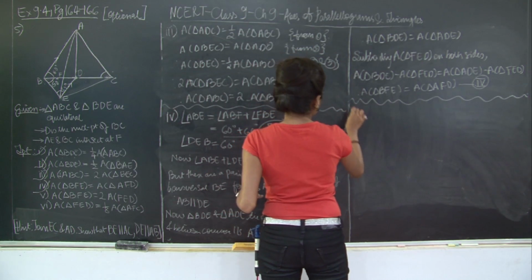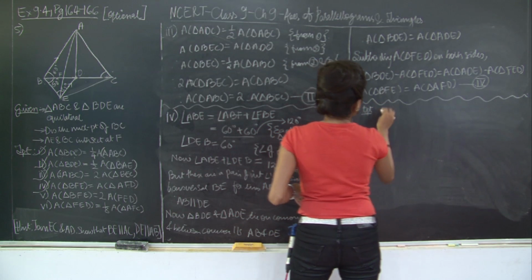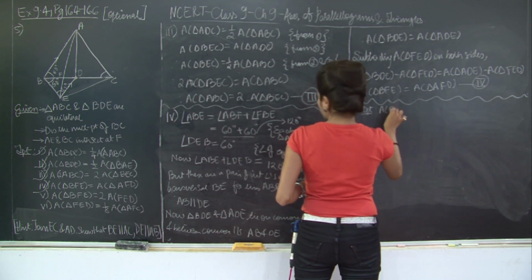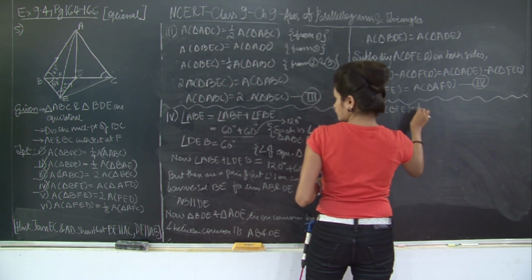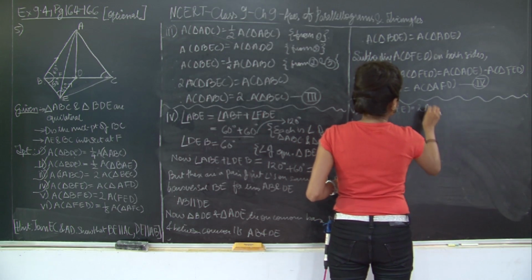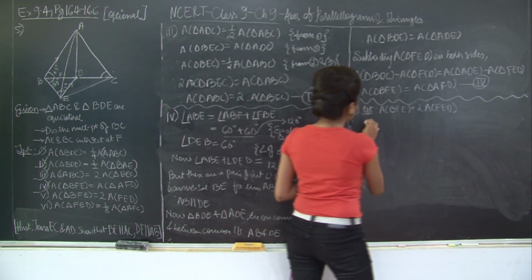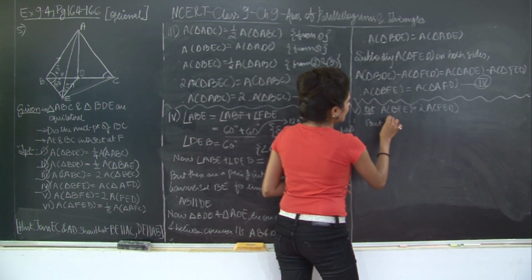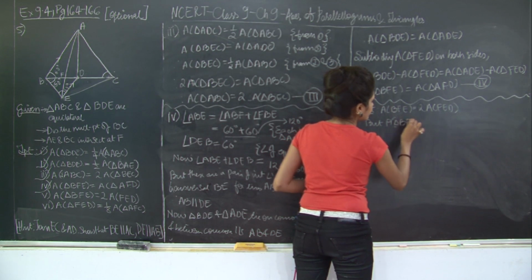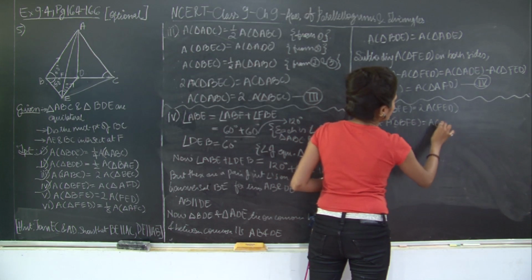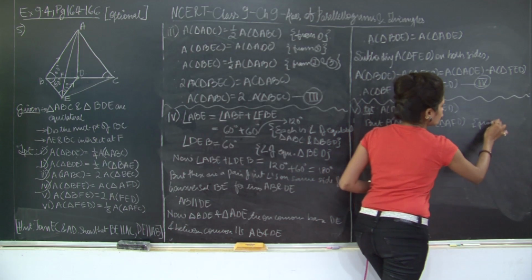So let's just write down what we need to prove and then go about writing the proof. My fifth section: to prove that area of BFE is equal to twice area of FED. But area of triangle BFE is equal to area of triangle AFD, from Roman number 4.